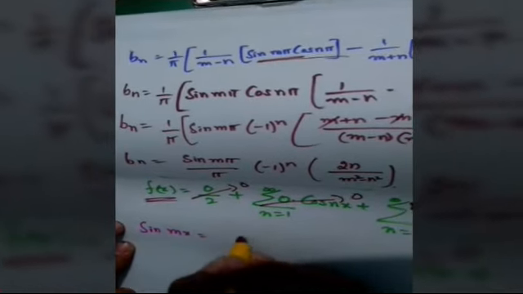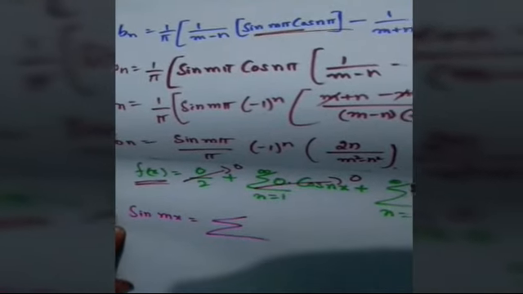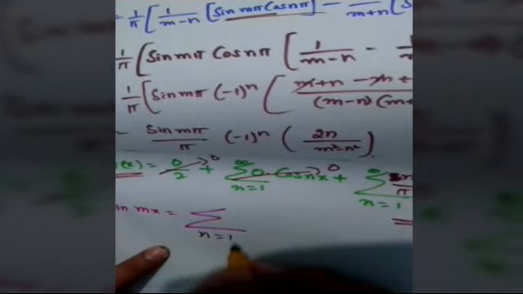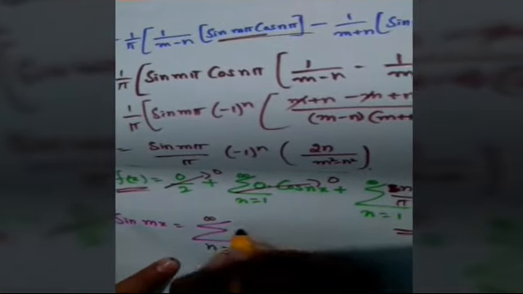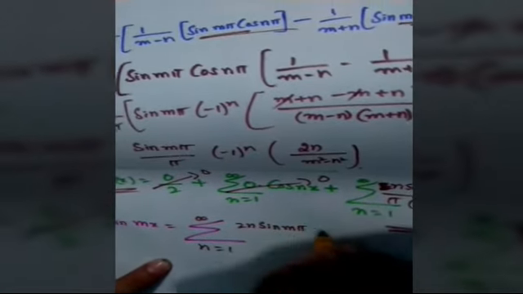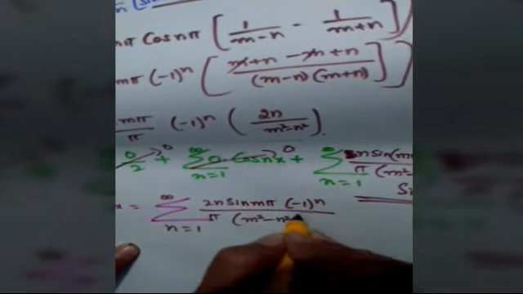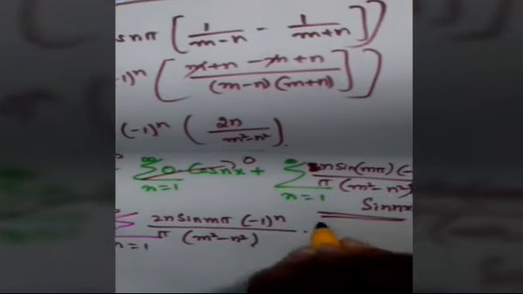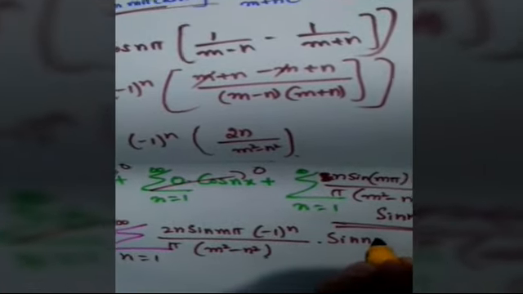Therefore, f of x should be equal to this thing. f of x equal to sin mx. Sin mx is equal to summation of n is equal to 1 to infinity 2n sin m pi into minus 1 whole power n by pi into (m square minus n square) into sin nx.